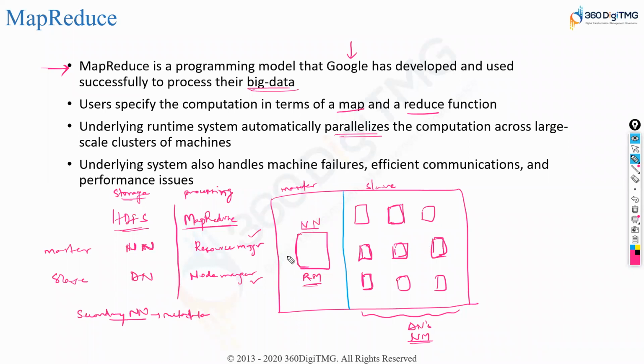Previously, resource manager and node manager were called job tracker and task tracker. Now your resource manager, which is the master, takes care of checking machine failures, transaction failures, right, performance issues, and all those kinds of transactional and operational challenges will be handled by your master, that is resource manager.